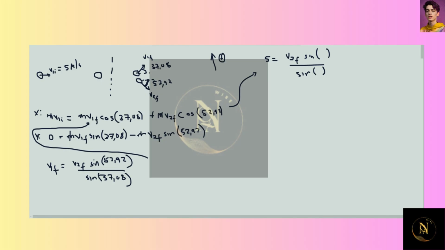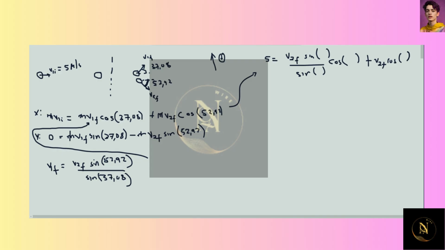I just copied this whole thing and put it in place of v1, and that is now also multiplied by the cosine of 37. Notice we also have another part with v2, so we add that: v2f cosine of 52 degrees.